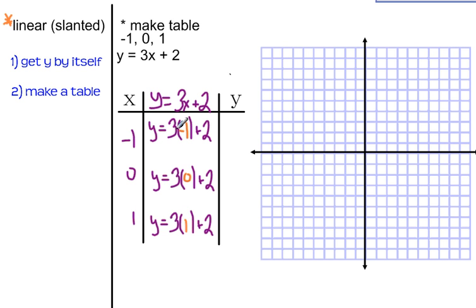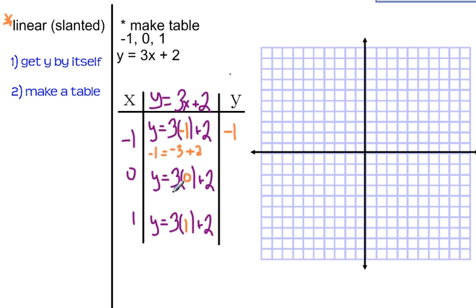3 times negative 1 is negative 3, and I bring down that plus 2. And negative 3 plus 2, different signs, so we subtract. That's going to be 1, and it's negative. So that's kind of cool. I plugged in a negative 1, and I got out a negative 1.